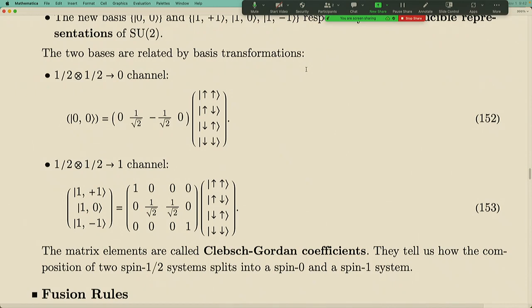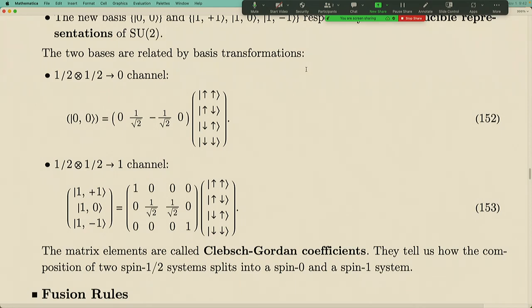So if you project these 4 states using this matrix, then this matrix automatically combines these states together into the singlet state. For example, this matrix simply means 0 multiply up, up, 1/2 up, down, and minus 1/2 down, up, and 0 down, down. So that's up, down, minus down, up.